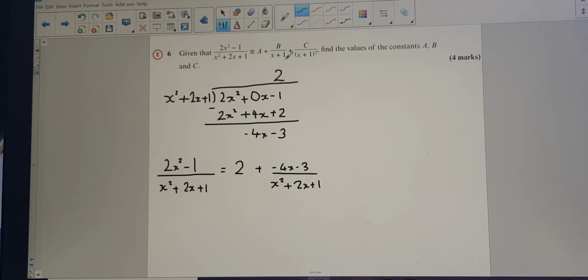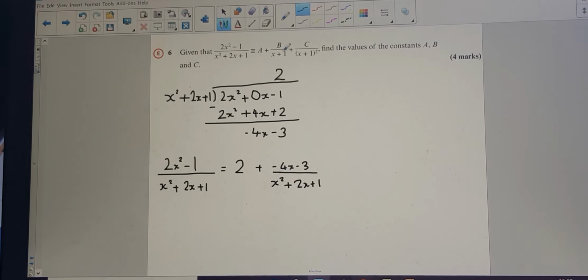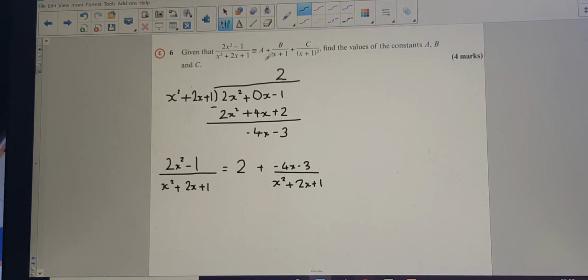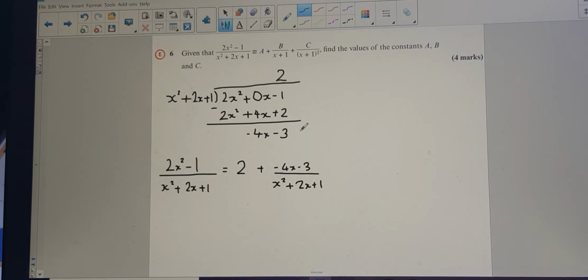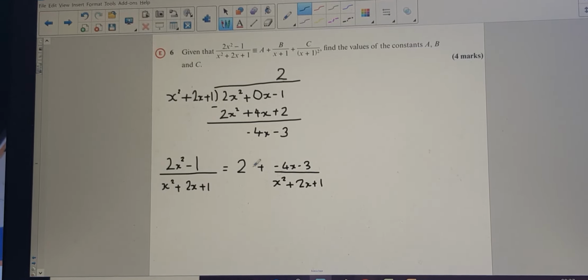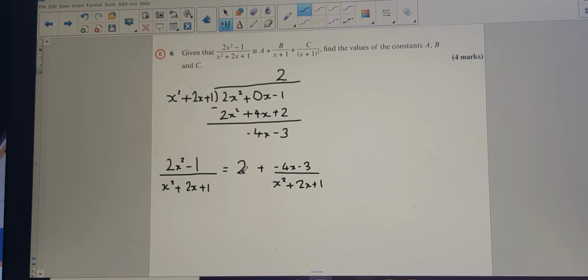Now the question says it wants it as b/(x + 1) plus c/(x + 1)². Well, x + 1s, that's interesting. I already have my a is 2 because it goes into it 2 wholes.